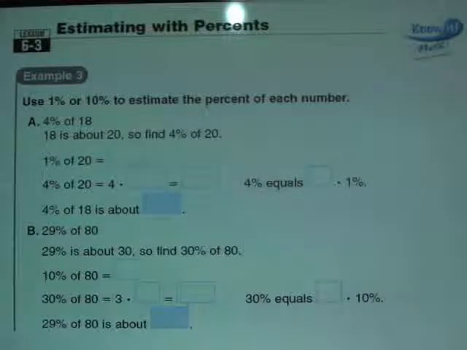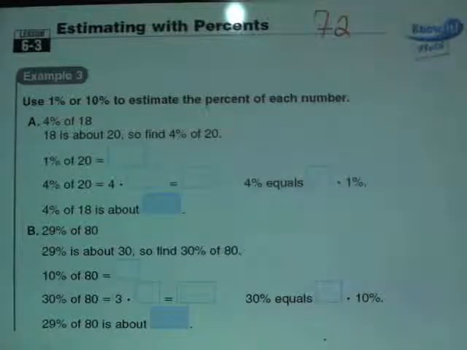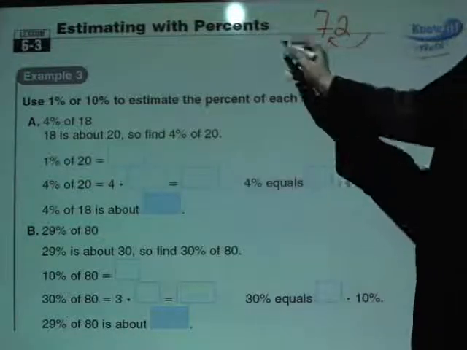To find 10% of a number, all you have to do is move the decimal in one time on that number. So let's say the number was 72. And I said, find 10% of 72. Well, to find 10% of 72, I just move the decimal in one time from the right.